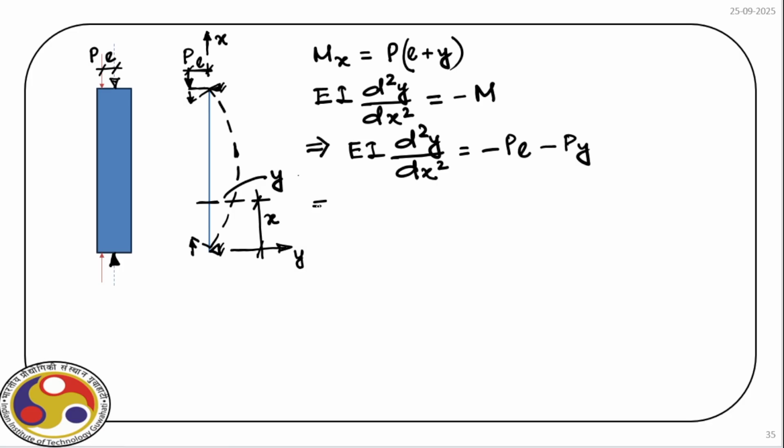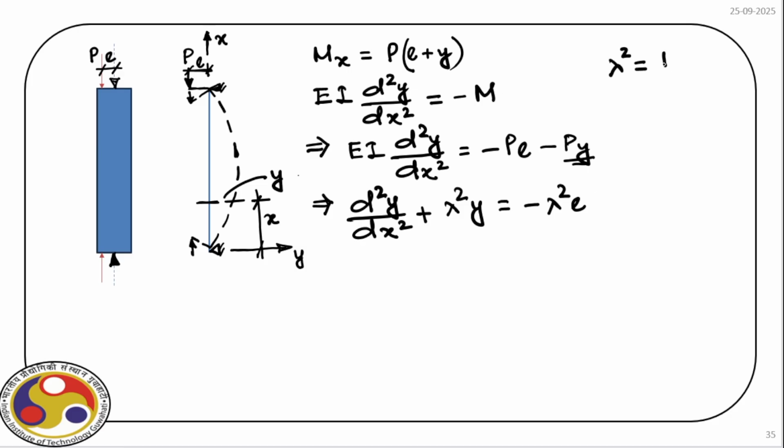Then what we do? We take this P times y to the left hand side and rewrite this equation. So we have d2y/dx2 plus lambda square y is equal to minus lambda square e, where lambda square is equal to P by EI.